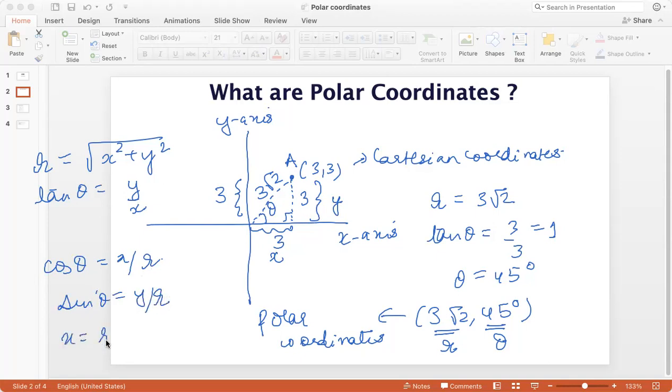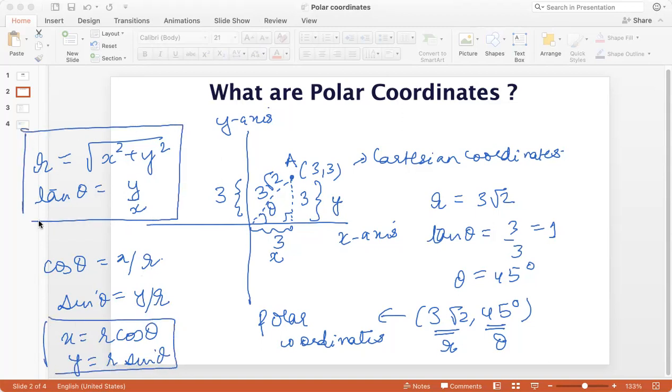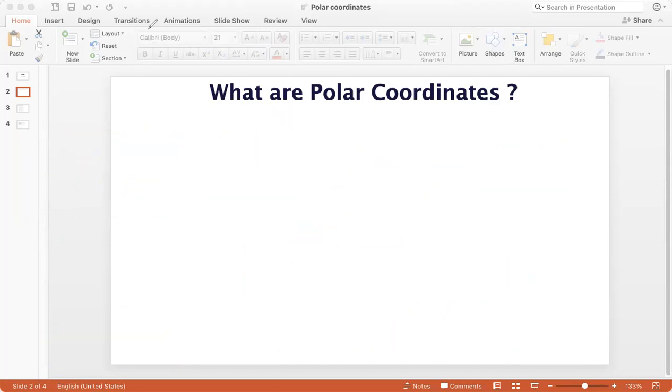So x is r cos theta and y is r sine theta. If you remember these rules, then it is very easy to convert a pair of Cartesian coordinates into a pair of polar coordinates. So let's try some sample problems.